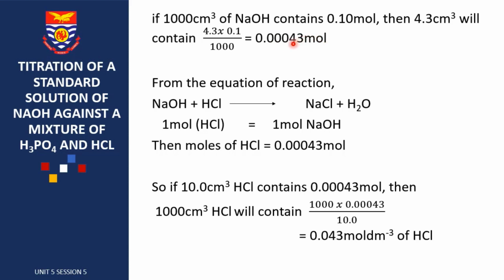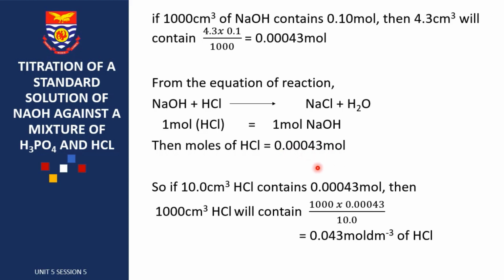So we can look at the equation of reaction. That is sodium hydroxide plus HCl giving us the salt and water. The mole ratio here is 1:1. What it means is that whatever moles of sodium hydroxide is the same moles of hydrochloric acid. So the moles of hydrochloric acid is also 0.00043 moles. This is the moles that is contained in that 10 cubic centimeters that was used.